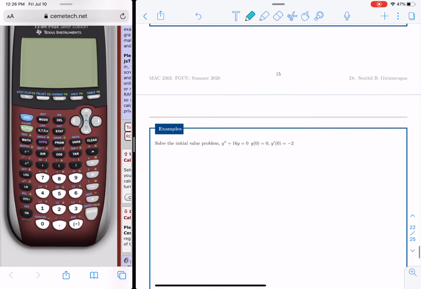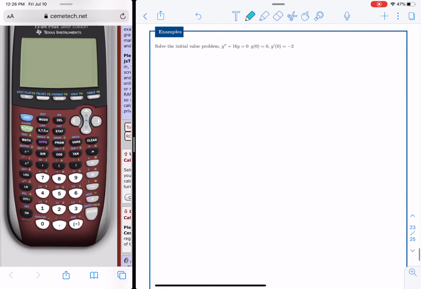Moving along, so here is an initial value problem. Before we do the initial value problem, we have to find the general solution first. So this is a second order equation.